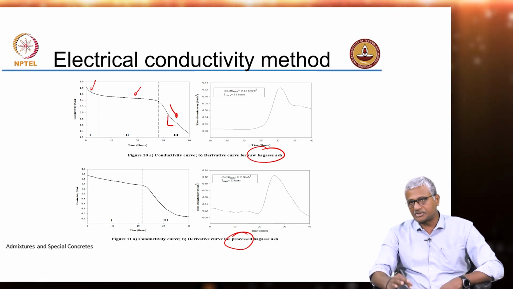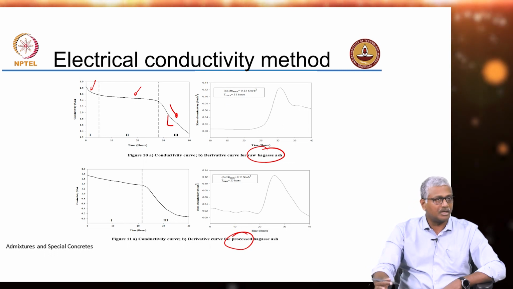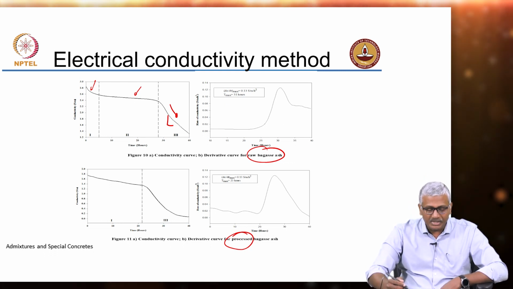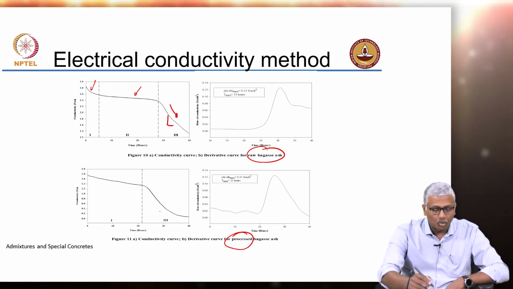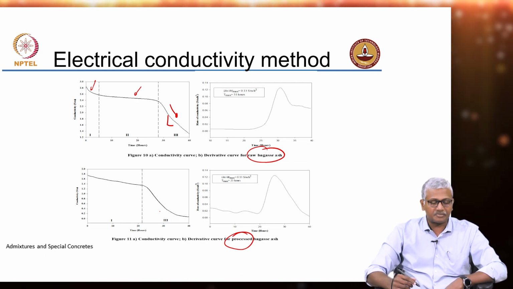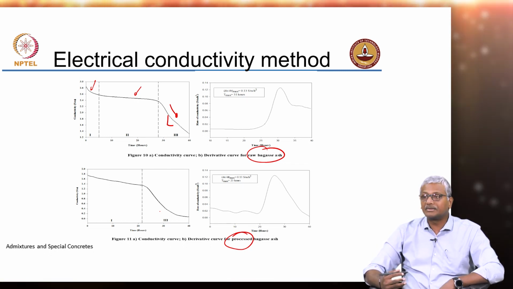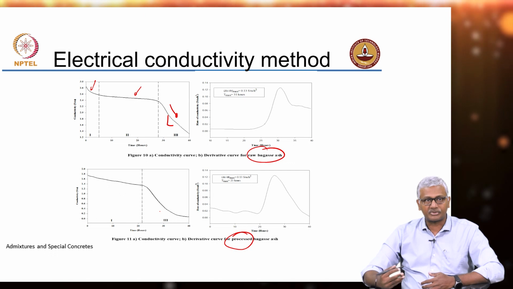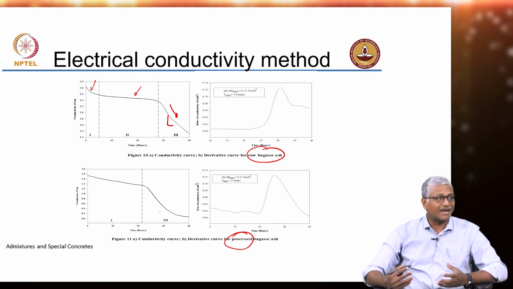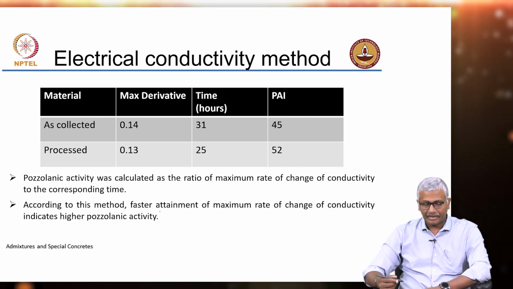I will talk about this processing in a separate segment when we talk in detail about bagasse ash. But what you see here is that the slope of the curve is getting changed because of this processing, and it leads to a much more improved pozzolanicity performance when you actually get the material processed and get it to a stage where it can react better.